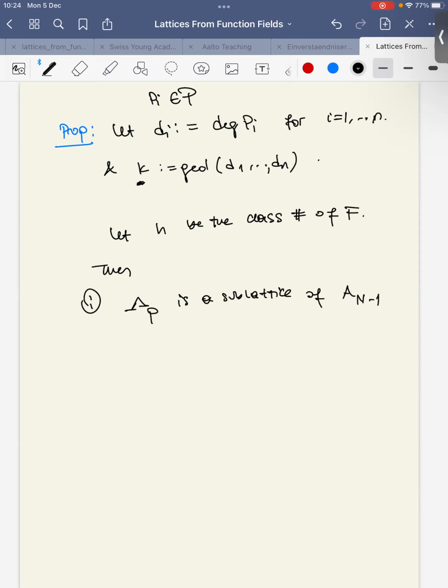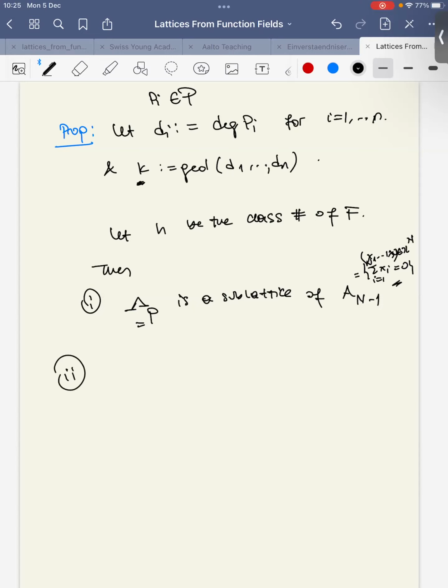Recall that A_{n-1} denotes the hyperplane lattice. That means this is the integer lattice, so the entries should be integers, where the sum of the coordinates is equal to 0. So we want to see the same property for the vectors in the function field lattices.